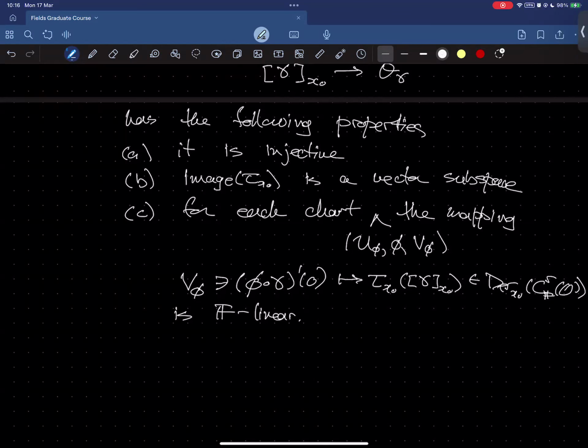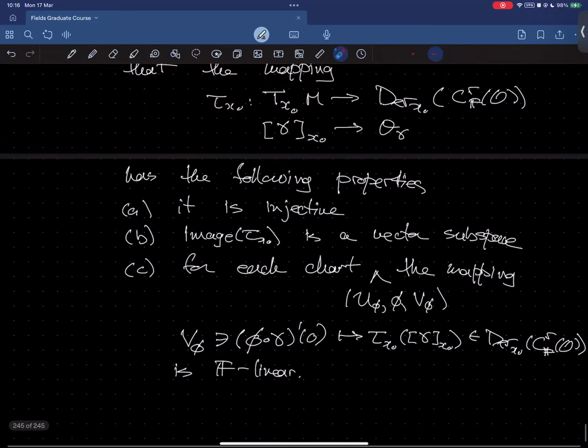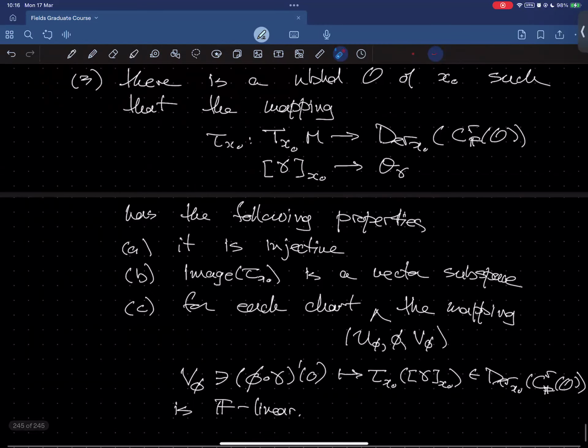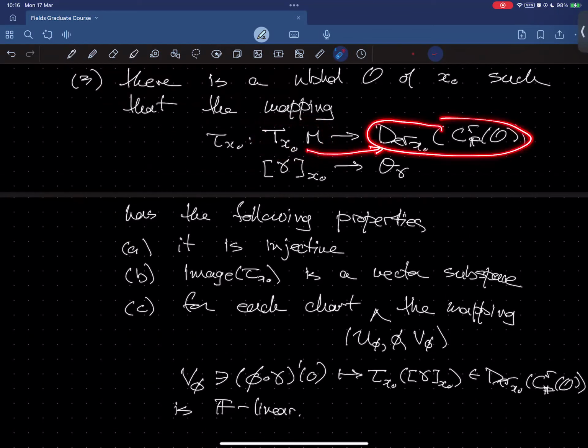All right. And what we'll see is that this essentially gives us a way of defining a vector space structure on here, and the vector space structure is the one that it inherits from sitting inside this vector space.